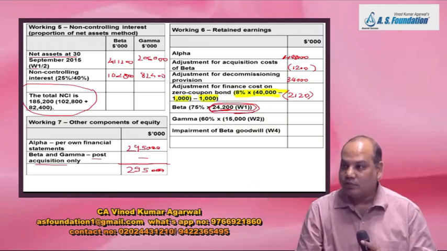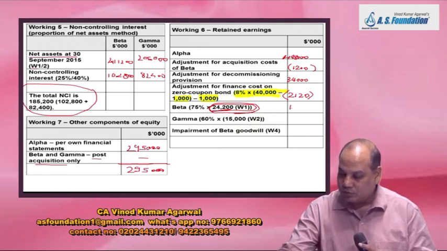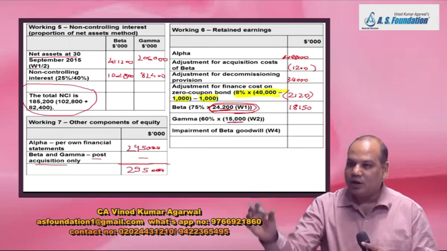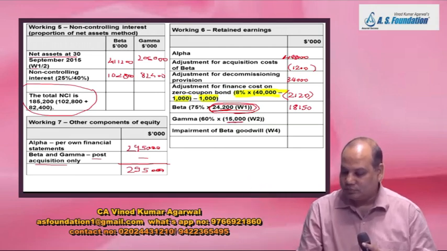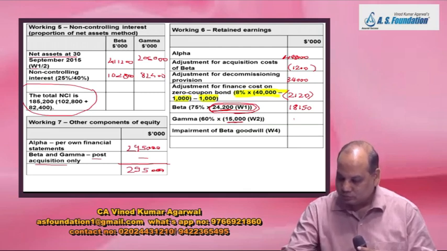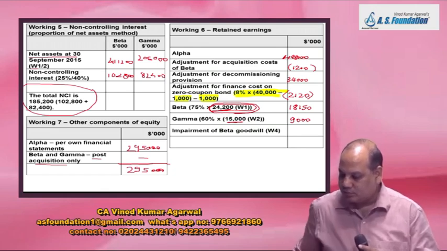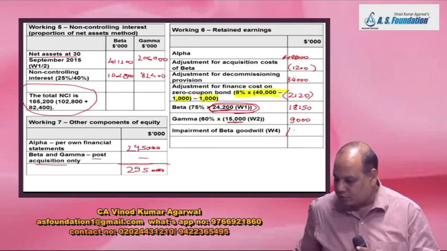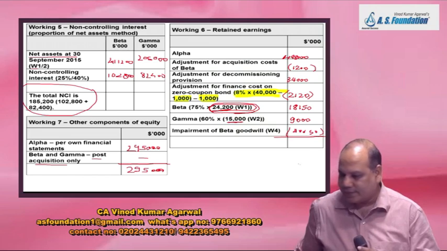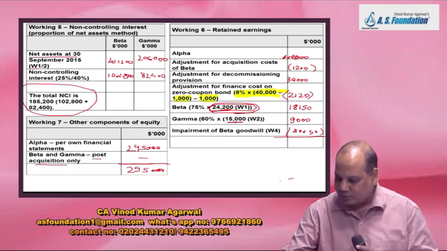See working note 1 into 75%. Gamma, what is the change in gamma's net asset? 15,000 into 60%. And what is impairment of goodwill? 40. Okay. Now tell me the total. 515.